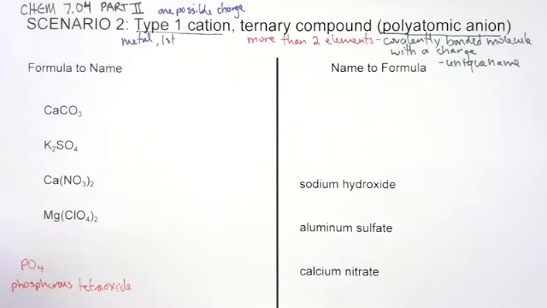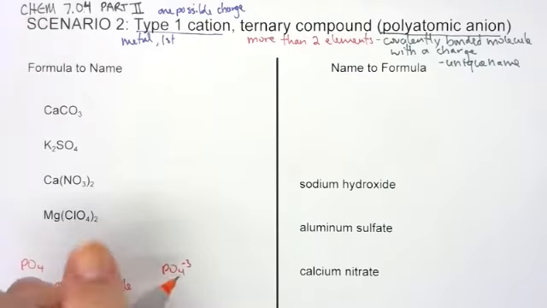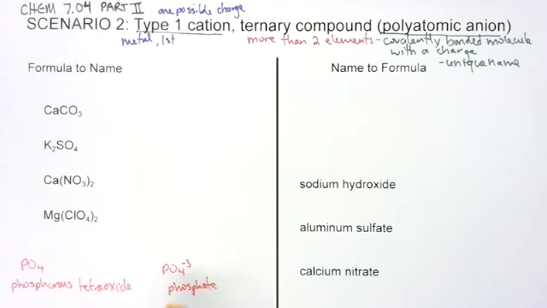But if you throw 3 electrons on there and you get PO4 minus 3, now you have phosphate. This is a polyatomic ion because there's a charge. Ions have to have a charge.